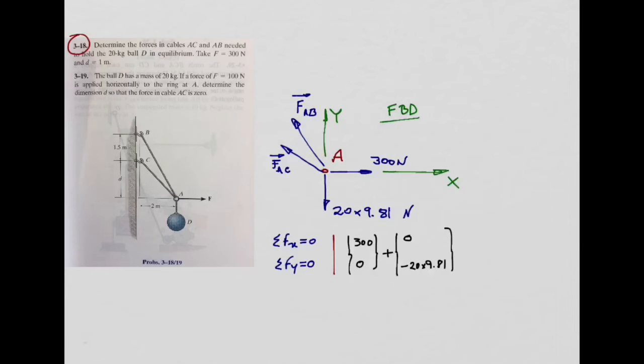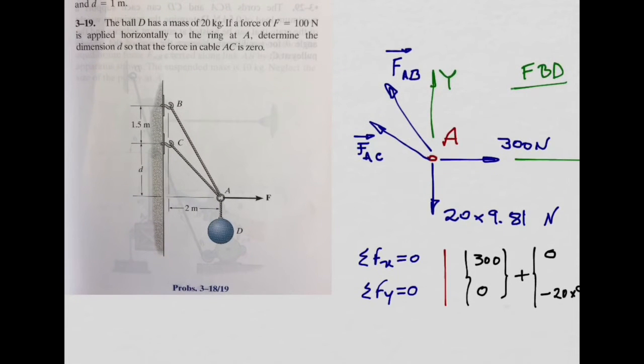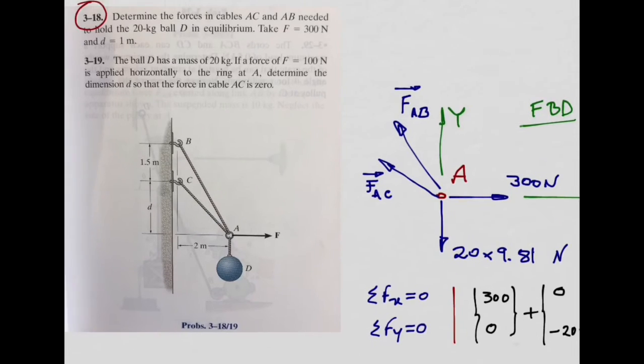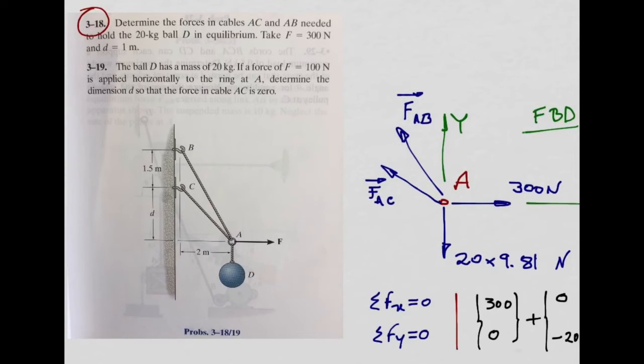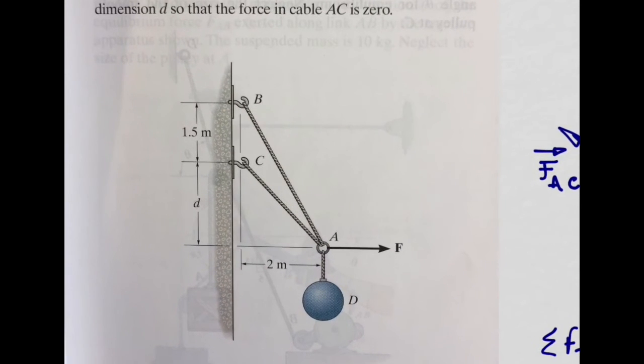So we can obtain these angles here. They are not difficult. Before that, don't forget for this example 318, this distance d is equal to 1 meter. For the example we are doing, this distance is equal to 1 meter.